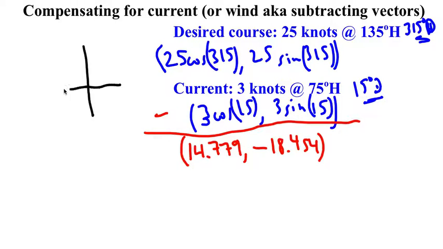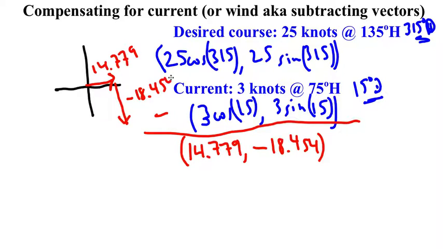So what we need to do, and I strongly recommend this, is you actually plot it. So we're going to plot the 14.779 and the negative 18.454. So this is our negative 18 and change, and this is our 14.779 if you want to get technical.